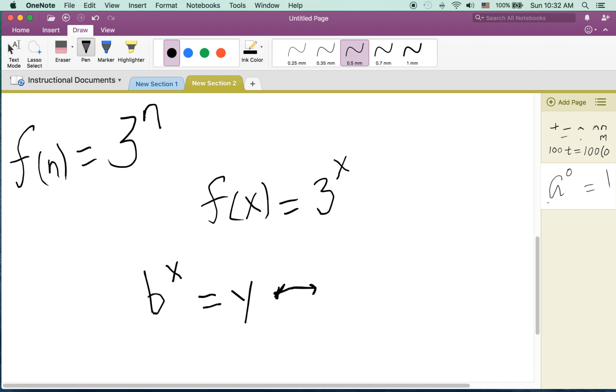If this is true, then this is also true. Okay, if you have b to the x equals y, well then log base b of y equals x. These are inverses.